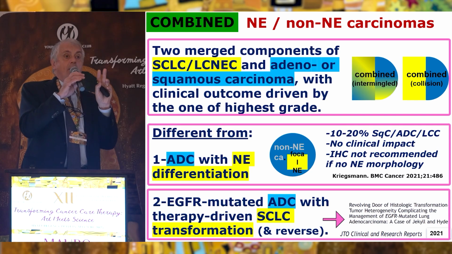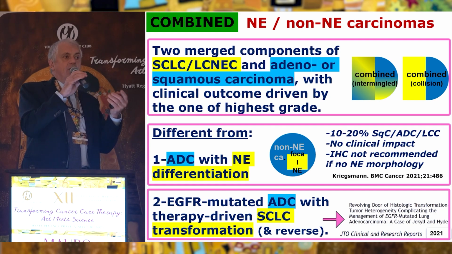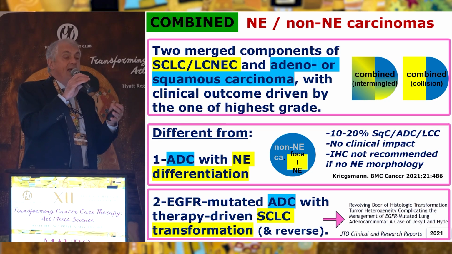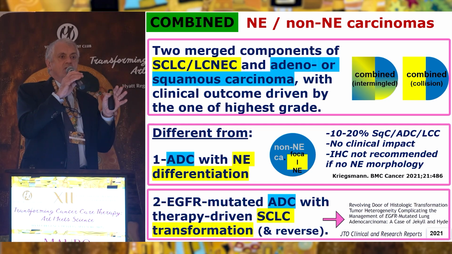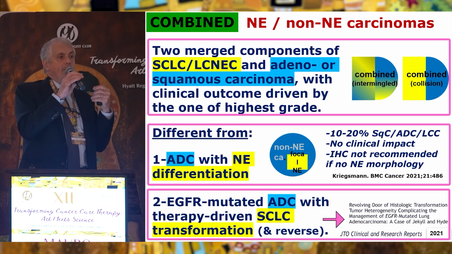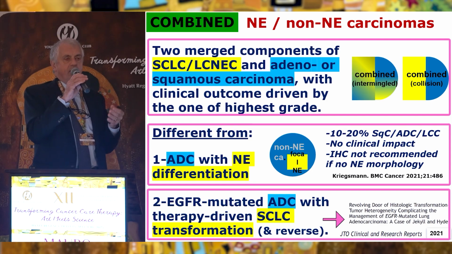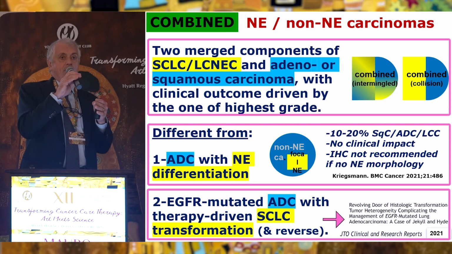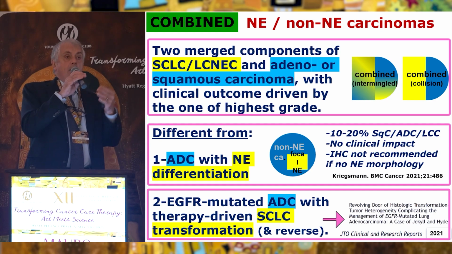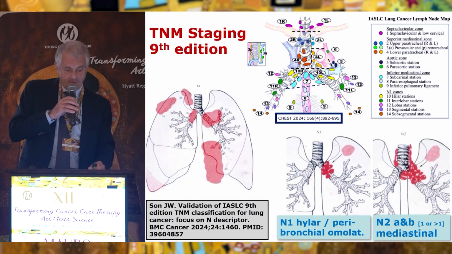Challenge number two, even worse for us, is that if you have a patient undergoing rebiopsy after treatment, sometimes an adenocarcinoma with EGFR mutation, for example, develops progression towards small cell lung cancer, maintaining the molecular profile of EGFR mutation but acquiring additional neuroendocrine typical alterations, like RB1 or P53, so that in rebiopsy we may face a tumor with neuroendocrine features developed from an adenocarcinoma, for example. Therefore, combined tumors do exist.